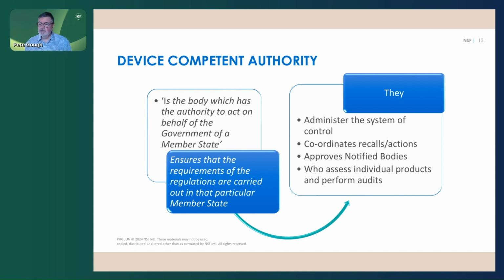So all that the device competent authority does is approve these notified bodies. The notified body will have a scope associated with their designation, and that scope could be across all 3 classes of devices, or it may only be for a limited number of classes. So the scope of the designation can vary.